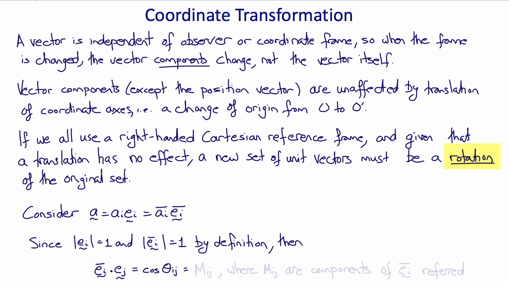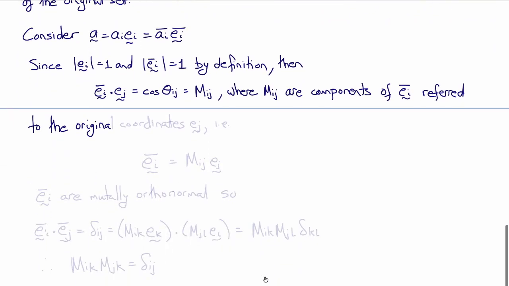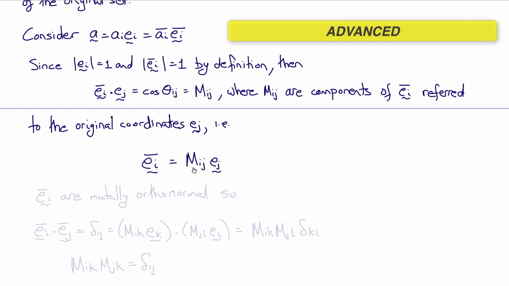And since there are 9 combinations, this would be a matrix of angle cosines, where you can think of the components of that matrix as the components of the new unit vectors e_i bar referred to the original coordinates e_j. In other words, we can write that e_i bar, the new unit vectors, have components M_ij with respect to e_j.